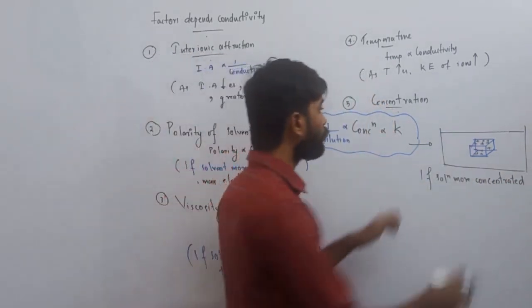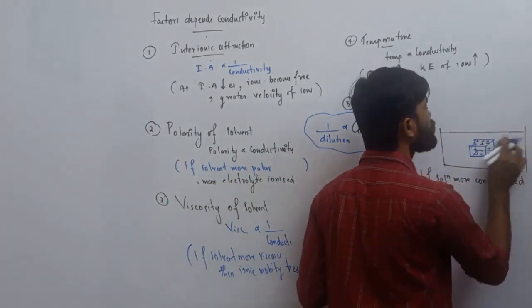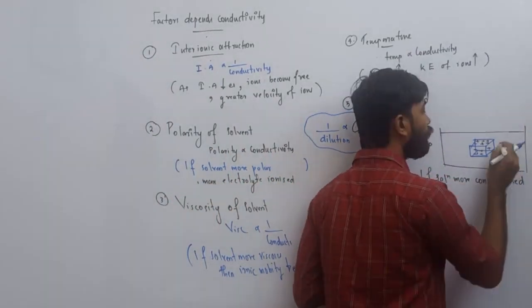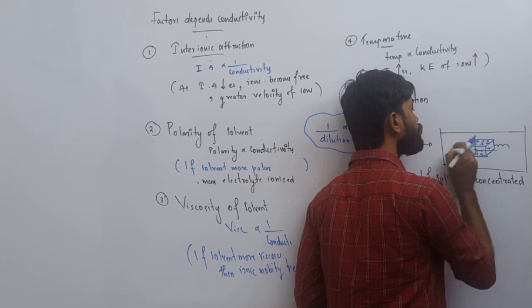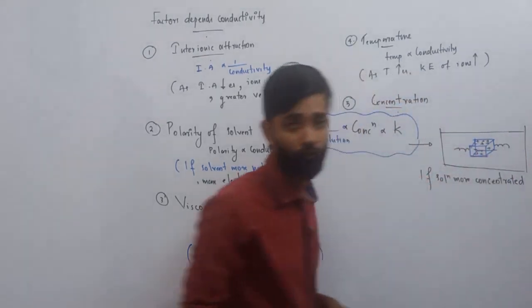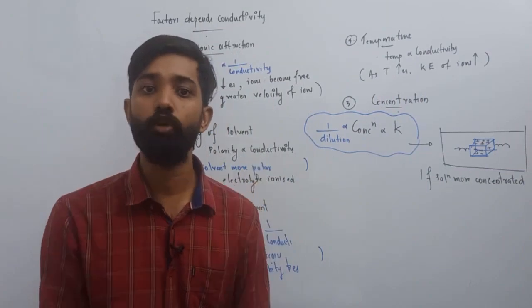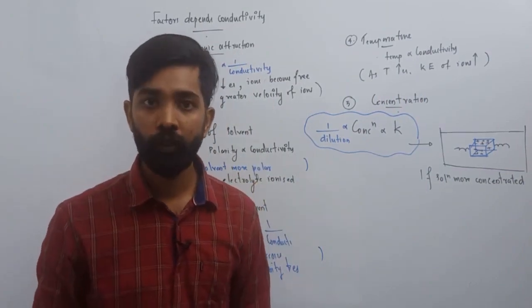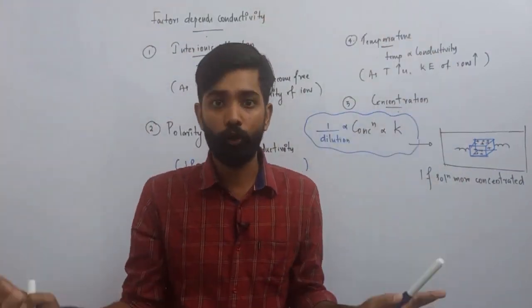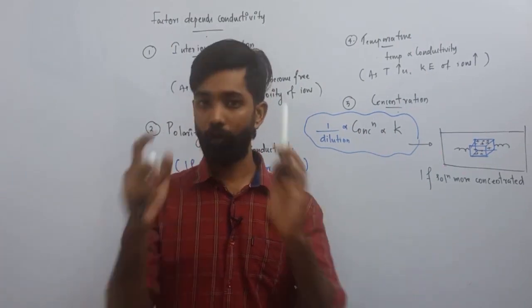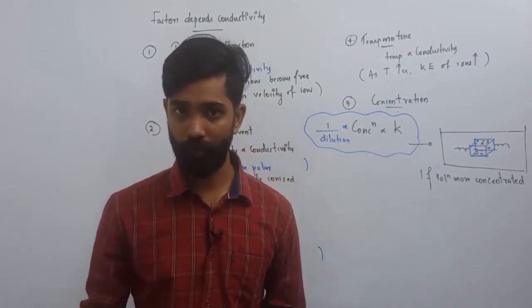If the entire portion has a lot of ions, then our unit centimeter cube also has a lot of ions. What do we mean by specific conductance? It is the conductance of a unit volume, right?